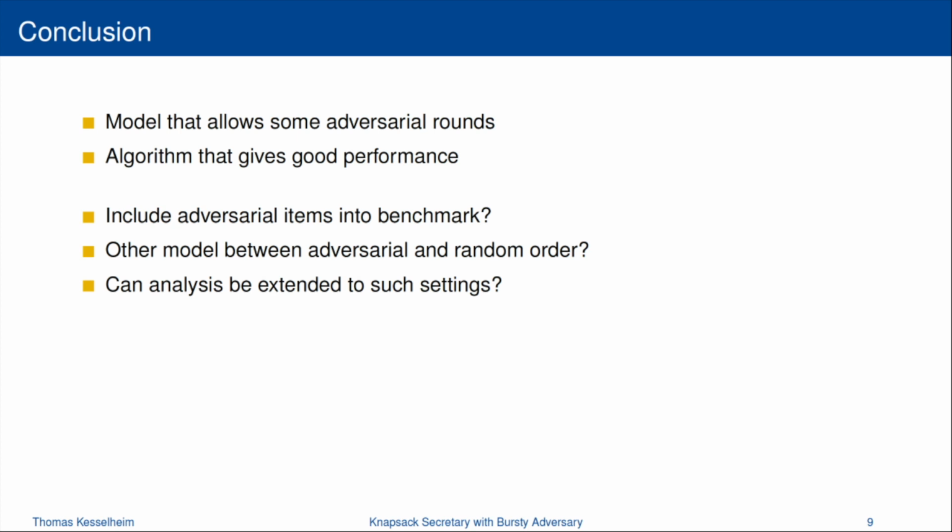And for all of this, we can also ask, does our algorithm work, or can our analysis be extended to such settings? Somehow I'm confident that our algorithm and our analysis can actually be extended to such settings, because I personally feel our analysis is pretty strong, and so that's something that one might have a look at in the future.